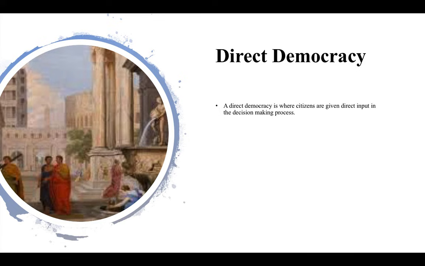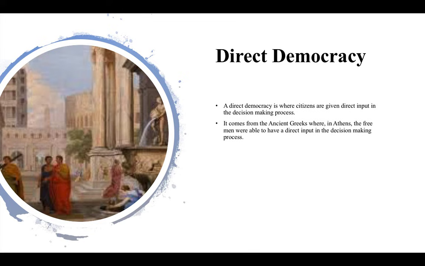A direct democracy is what's seen as the most pure form of a democracy. It's where citizens are given a direct input in decision-making processes, and it comes from ancient Athens, where free men were able to have a direct input in the decision-making process.